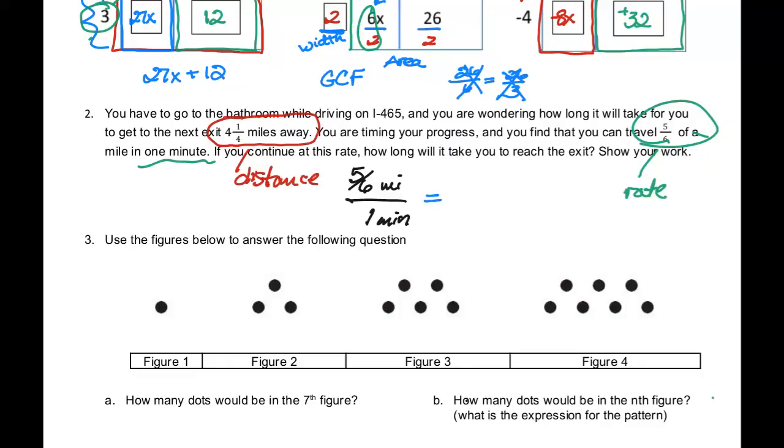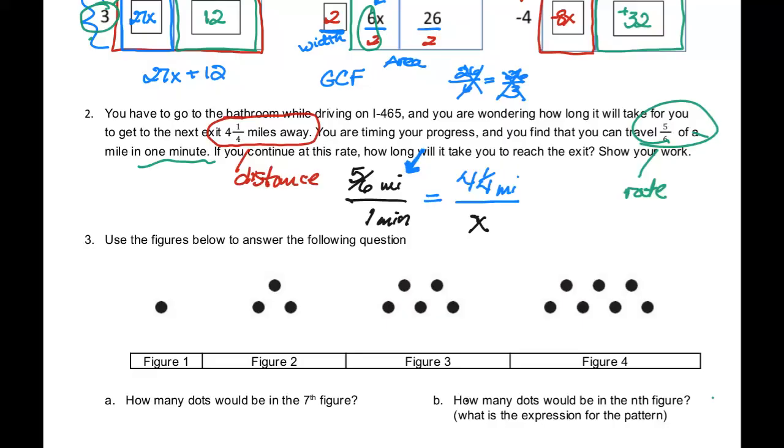So I'm going to put my miles here right across from my miles here, of my rate. So this is 4 1/4 miles. All right. And it says, how long will it take you to reach the exit? Well, that's going to be my X. I don't know how long it's going to take. Hopefully I get there before I have an accident.